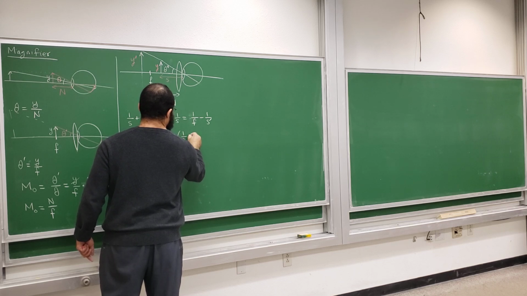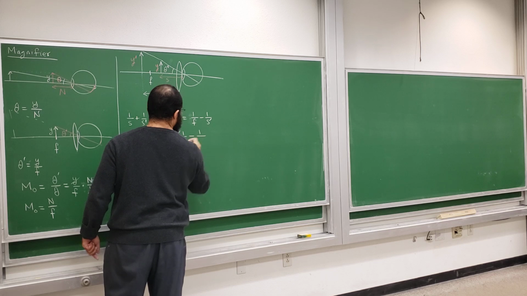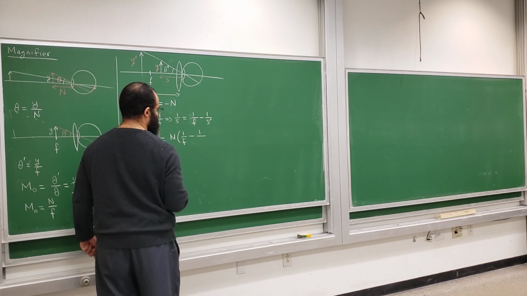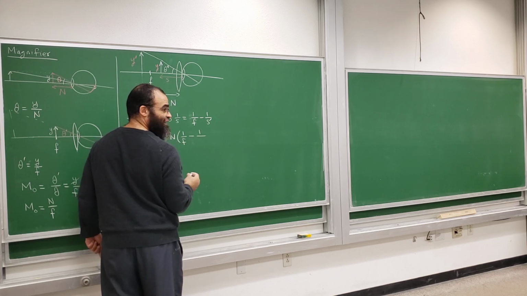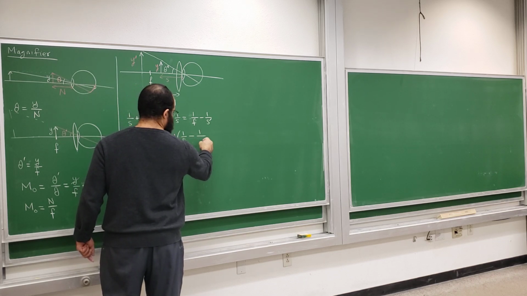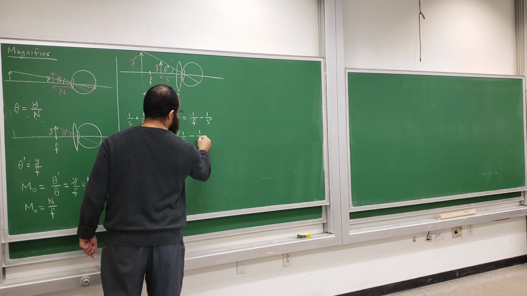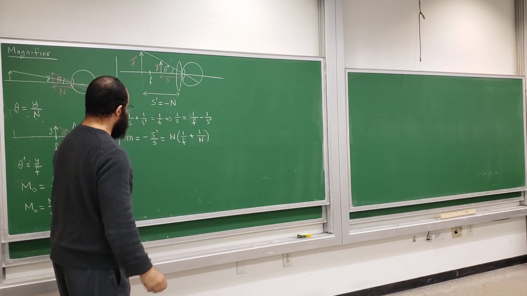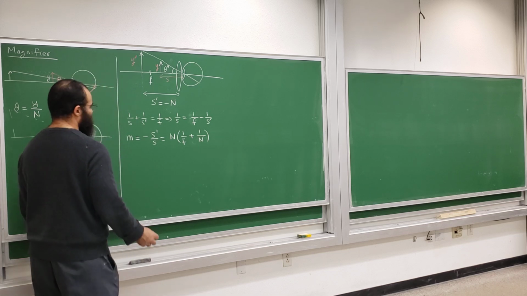But what is 1 over s prime? I'm just substituting: negative 1 over n. So I'm going to put minus n here, but I have a minus minus, so it becomes a plus. So it becomes n times 1 over f plus 1 over n. That's the magnification.